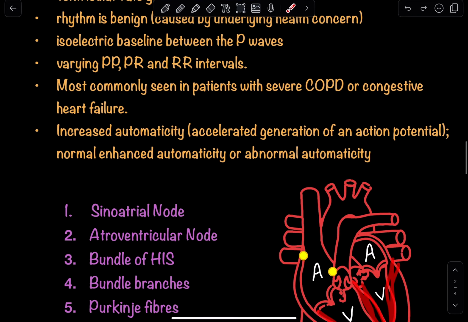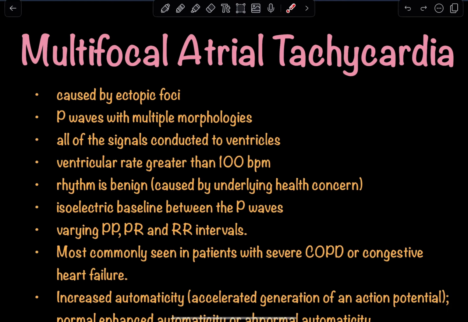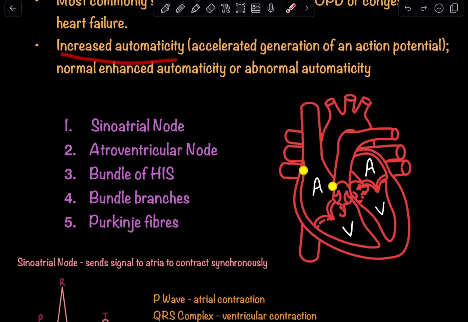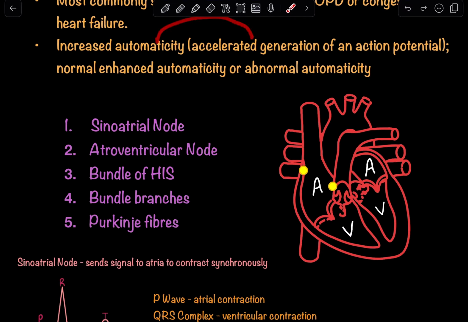So that's normal heartbeat. But when we talk about MAT, it's caused by ectopic foci. So essentially, we have other cells in the myocardium, specifically in the upper chambers, the atria, which are backup pacemaker cells for when the sinoatrial node is not working. But what happens in MAT is that we have increased automaticity, and that increased automaticity accelerates the generation of action potentials, thus why we say it's increased.